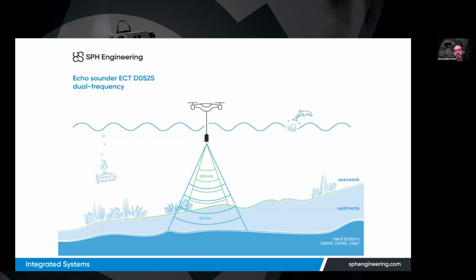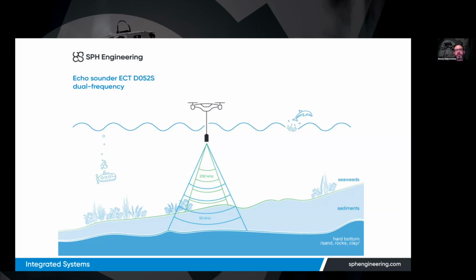Why is it not guaranteed? First of all, it can be too thick a layer of sediments, and it will suppress even low frequency sound. Second, 50 kilohertz works mostly with organic and light sediments. If sediments are a kind of clayey mix of sand or clay or something over the hard bottom, 50 kilohertz will not penetrate through such a heavy mix.